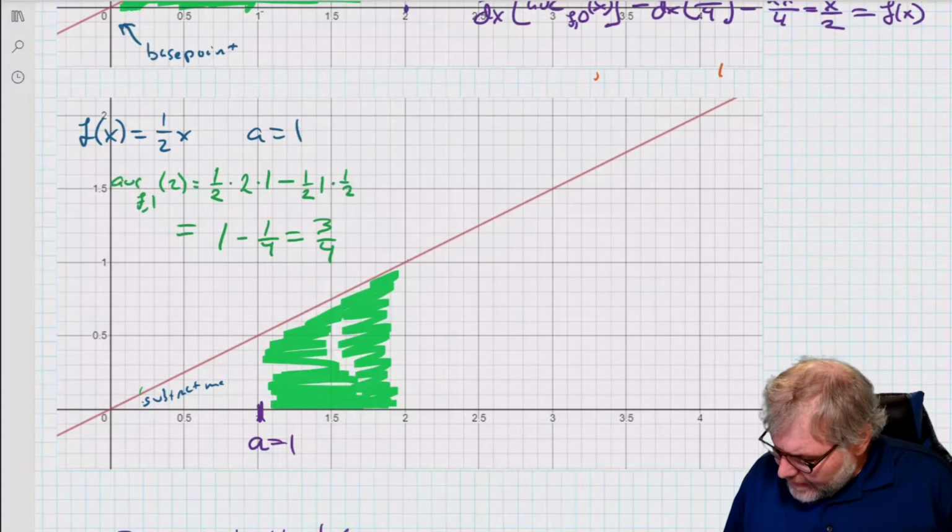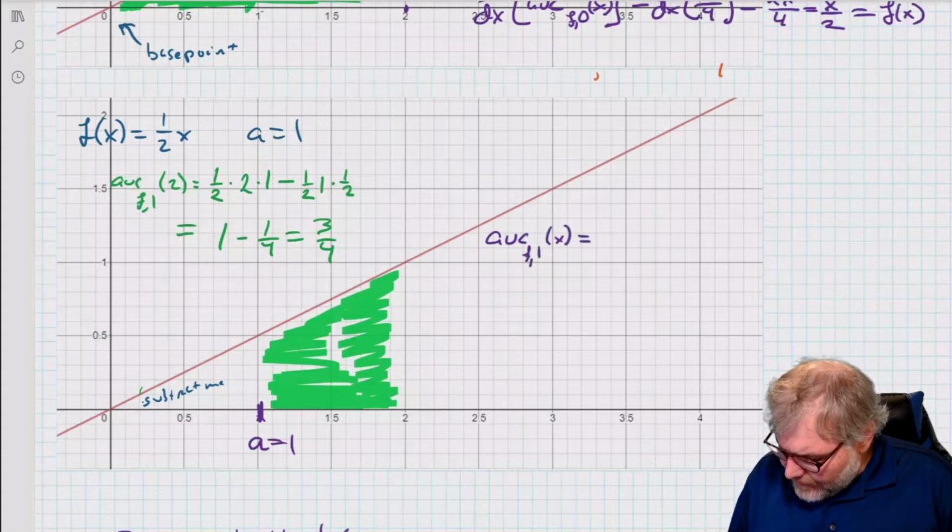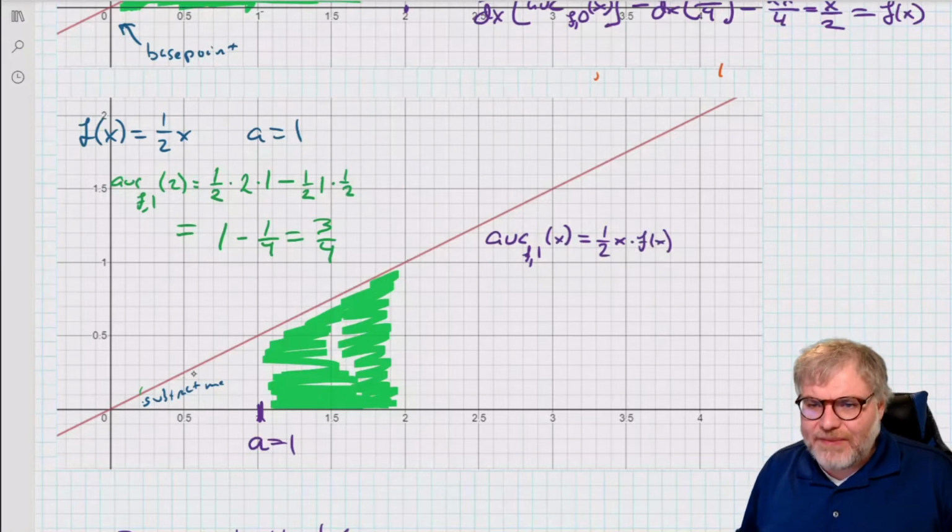So I'm still going to be subtracting that same little bit. So AUC F1 of x is going to equal 1/2 base times height minus the area of that little bit.